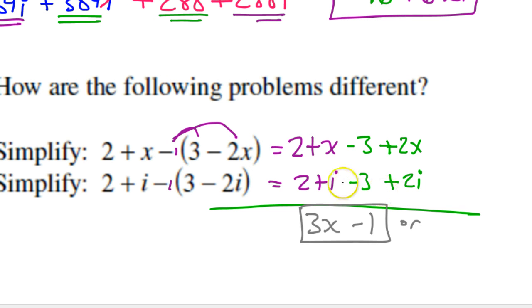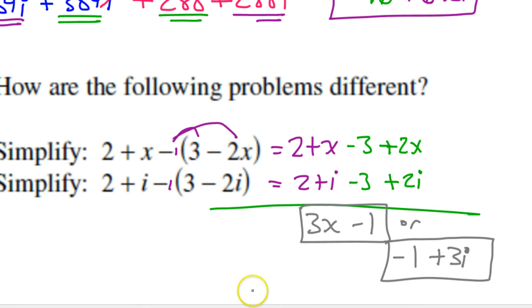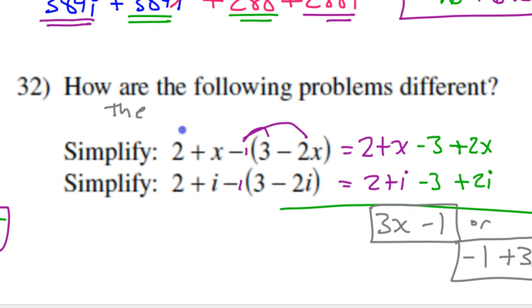So when we do the 2 minus 3 and get the negative 1, the negative 1 goes first. When we do the i and the 2i to get 3i, that goes second. So that's really the only difference. The x term goes first, but the i term comes second.